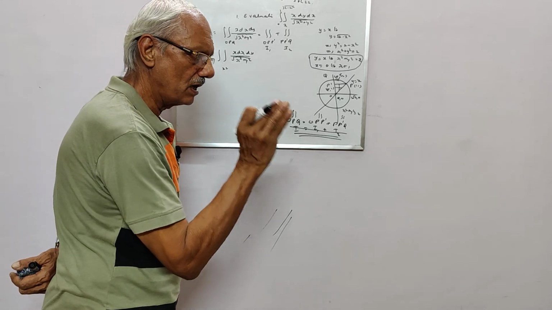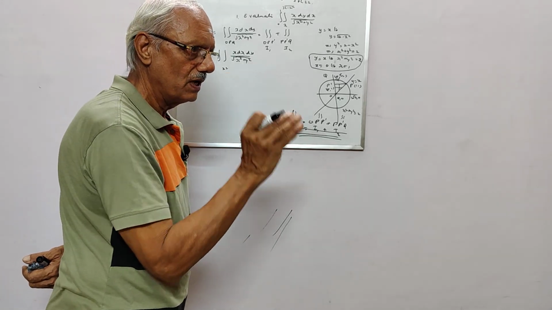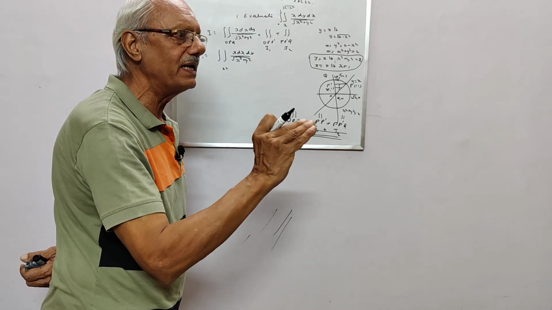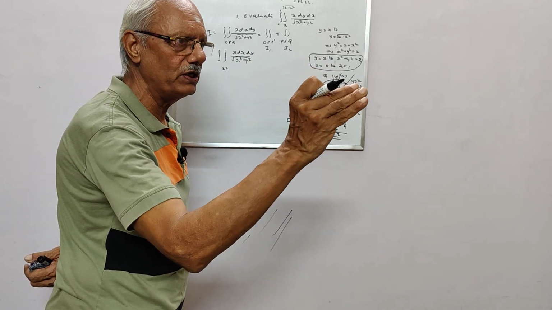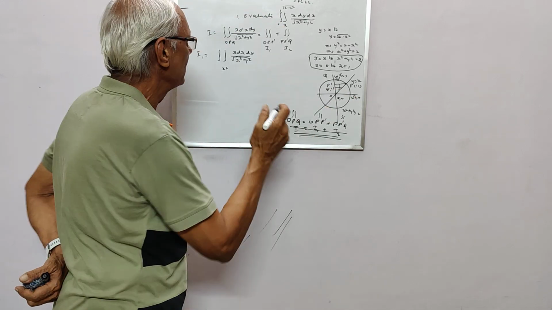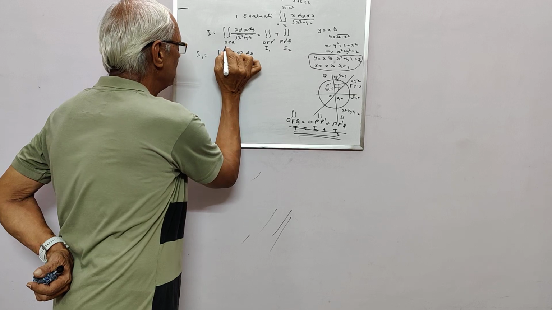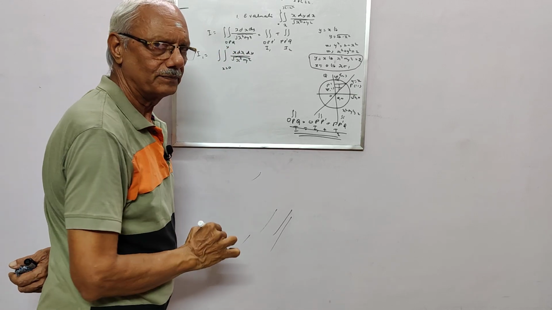That means your x limit will start from 0 on the y-axis, and it will go and dash against a point on the line y is equal to x. Therefore, your limit for x is 0 to y.